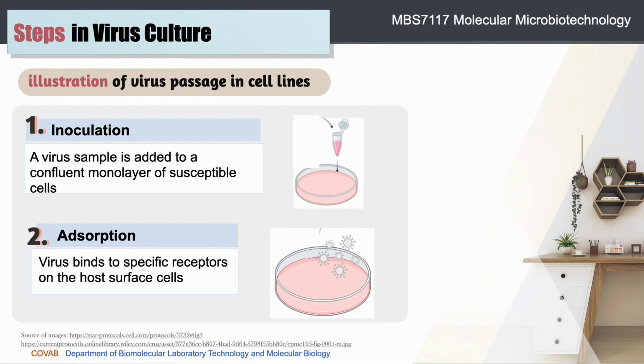Then this is followed by the virus adsorbing onto the cells, and we've tried to illustrate this with the diagram here. The virus binds to specific receptors on the host surface cells, and this is going to permit virus to enter the cells.